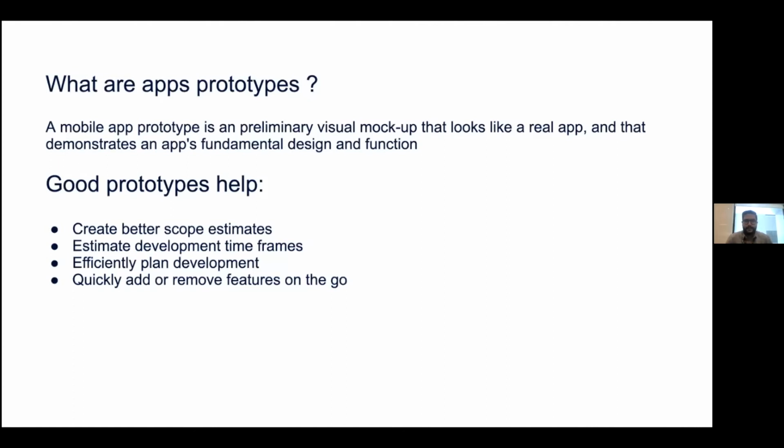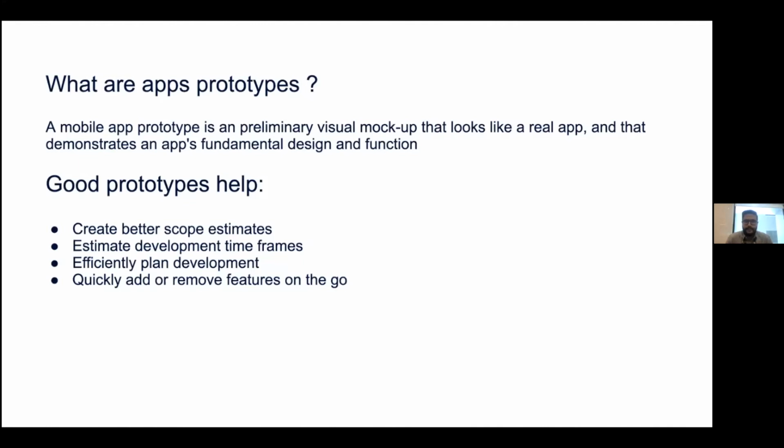For example, if you want to create a big mobile app, when you start designing it, you will be able to define, okay, we can develop these features separately, or develop them as a whole, and you can understand how big your project is.